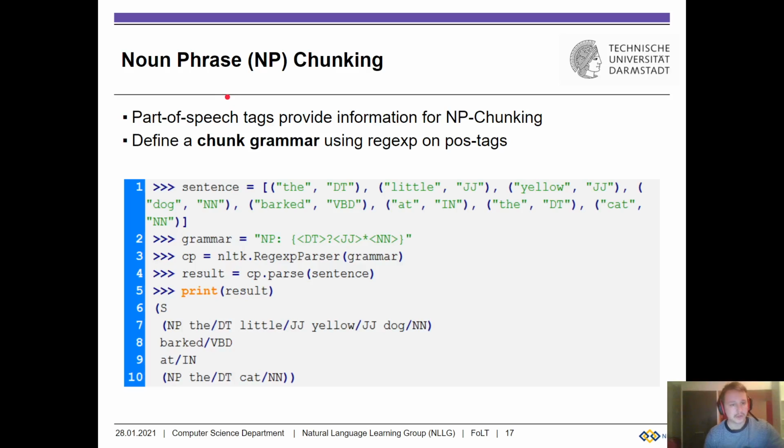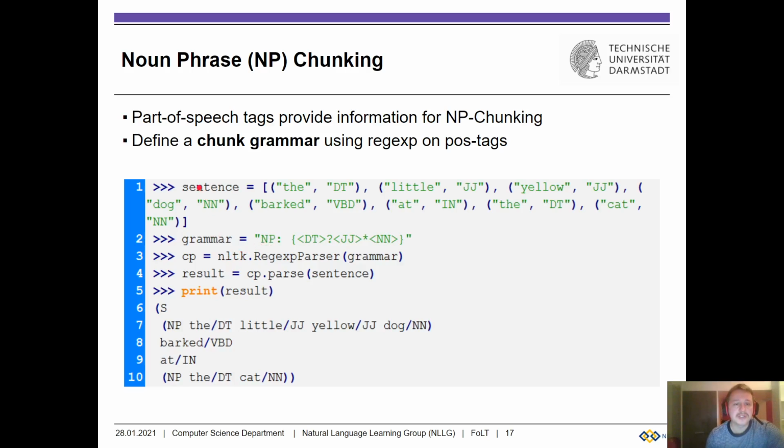One approach to do so, and there are certainly many other ways, is to define a regular expression or a small chunk grammar. Our grammar could look as follows. We define it here: everything that has potentially a determiner, zero or more adjectives, and then a noun, we define as a noun phrase or a noun chunk.